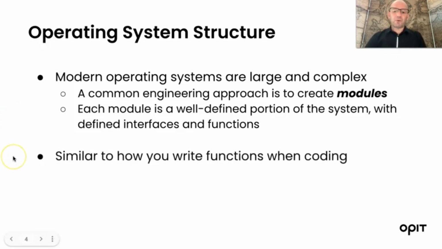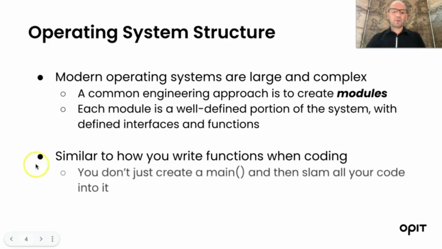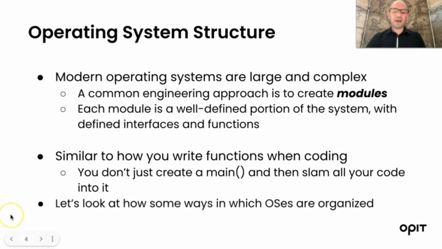This is similar to how you write functions when you're performing good coding practices, as I'm sure you've learned in your C programming course. You don't just create a main and then slam all your code into one big main. I'm sure you've been discouraged from doing that. You want to think about your design in a modular sense. So let's look at some ways in which operating systems are organized using this sort of approach.